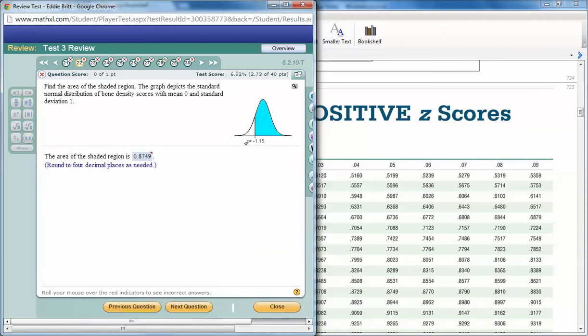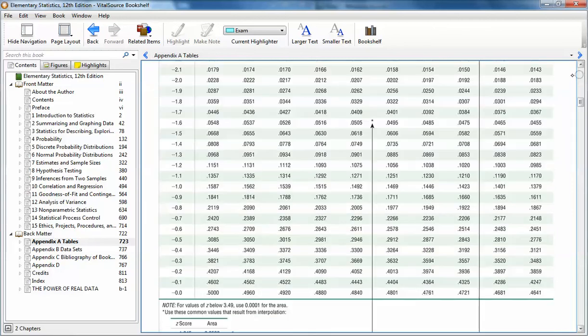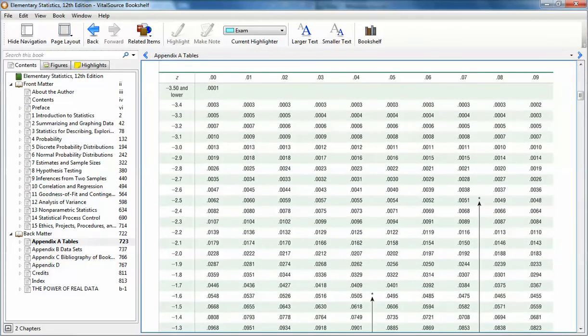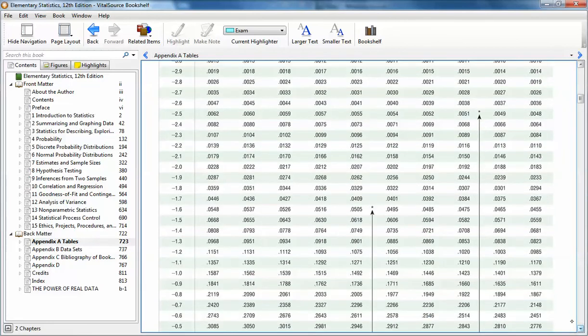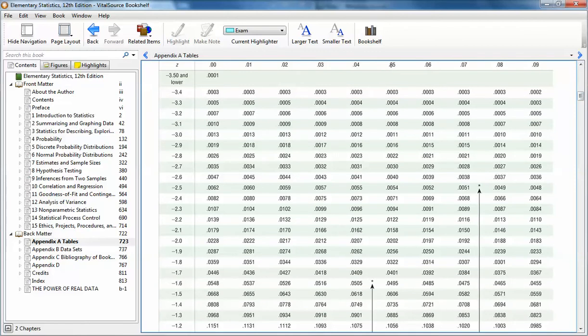Let's look up the area for negative 1.15. These are positive z-scores. The negative z-scores were first. So we want to go to negative 1.1. Now I need to know which column is 5. It's going to be this column right here, the one to the right of this little star.